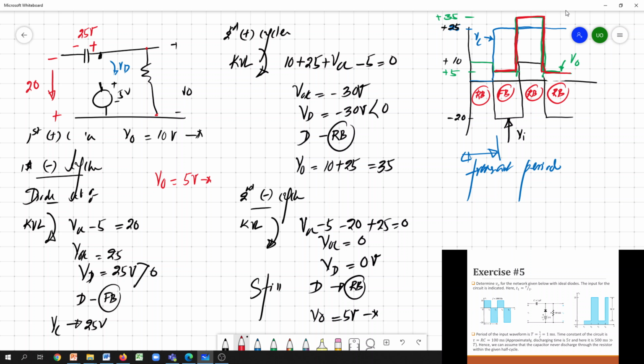Depending on the input signal and the circuit, we can identify whether the diode is forward or reverse, and whatever RC circuit appears in the system, we argue whether the capacitor is charging or discharging depending on the frequency of the input signal and the time constant of the RC circuit.